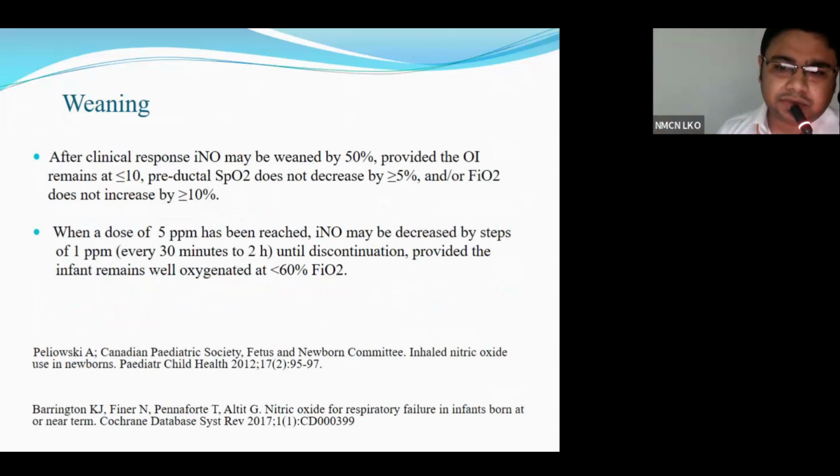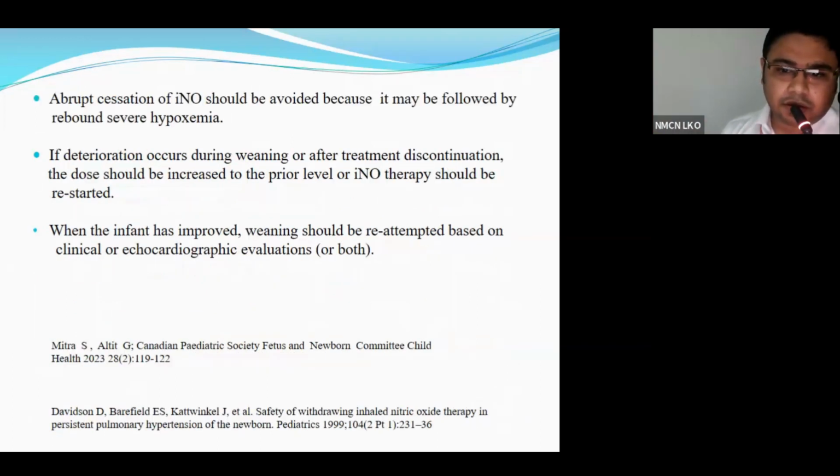After clinical response, iNO will be weaned by 50%, provided the OI is less than 10, the pre-ductal SpO2 does not decrease by more than 5%, and the FiO2 is not increasing by more than 10%. We should avoid abrupt cessation of NO because it can be counterproductive, and there can be rebound hypoxemia.